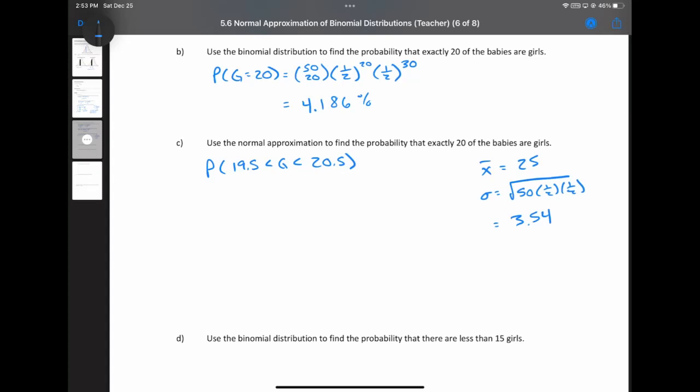Okay, so much like last time, we set up our two z-scores. Z equals 19.5 minus 25 over 3.54, and the other one will be 20.5 minus 25 over 3.54.